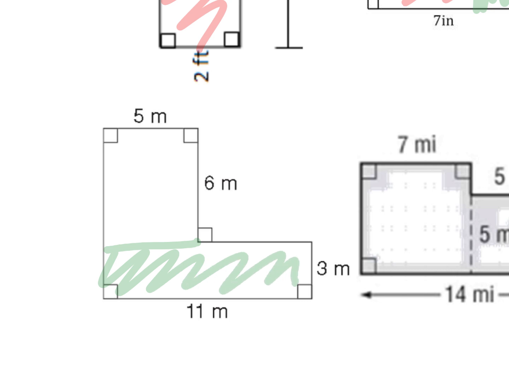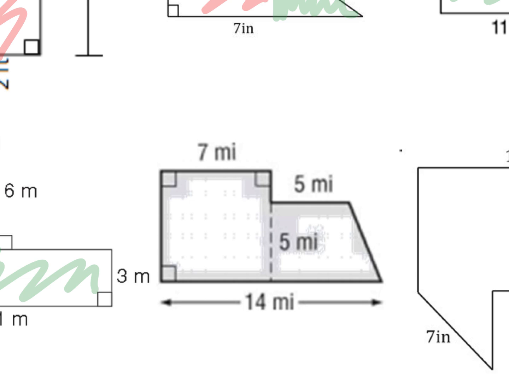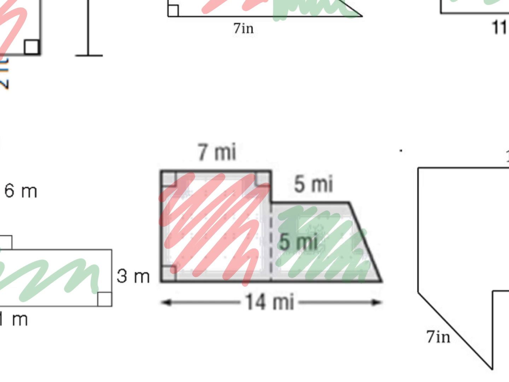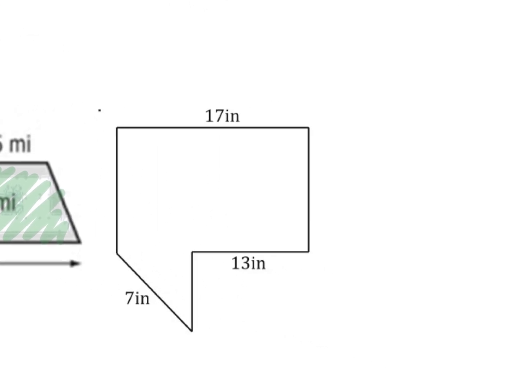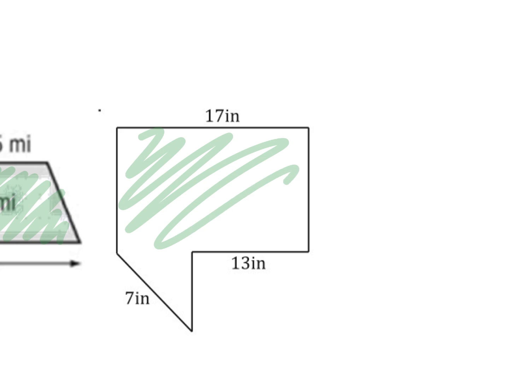You can split it this way, or you could have split it the other way. Here we have, looks like maybe a square. This is a square. And then here we have a trapezoid. And then finally we have a rectangle and a triangle.